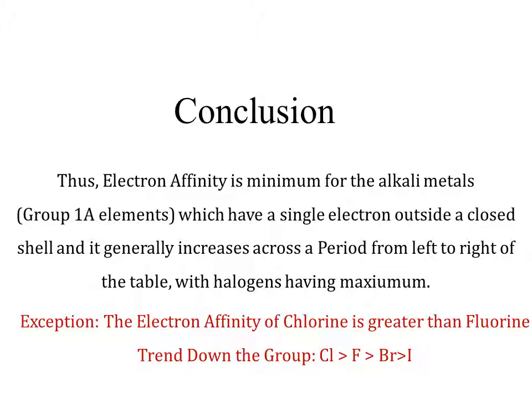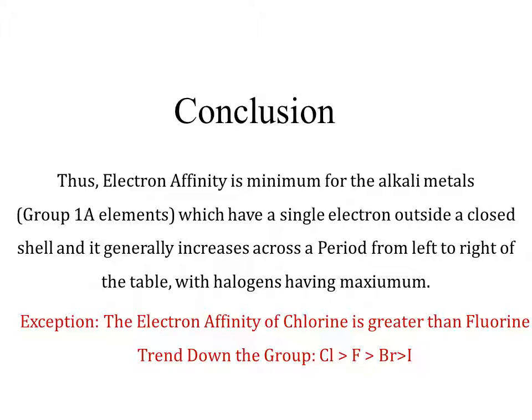The exception is chlorine, which comes after fluorine, having a greater electron affinity compared to fluorine. But as per the theory, as per the expectation, it shouldn't be. Fluorine should have the highest electron affinity, but that's not the reality. The reality is the electron affinity of chlorine is greater than that of fluorine.